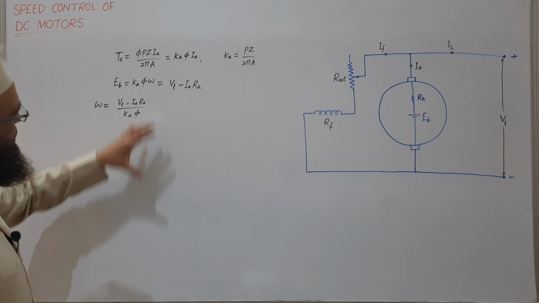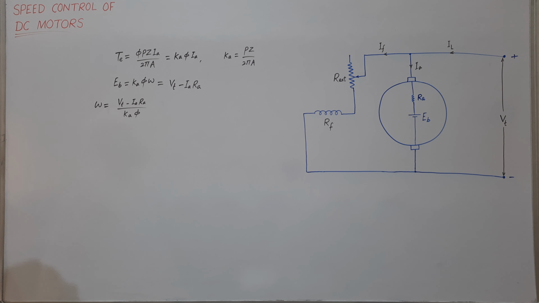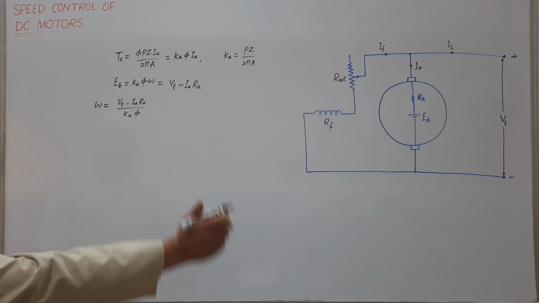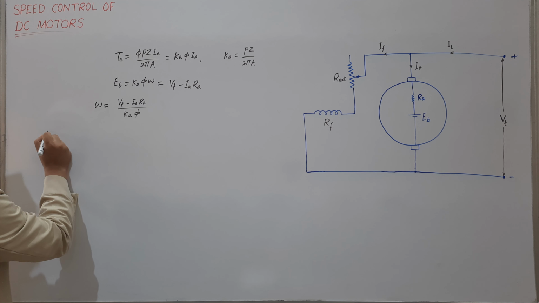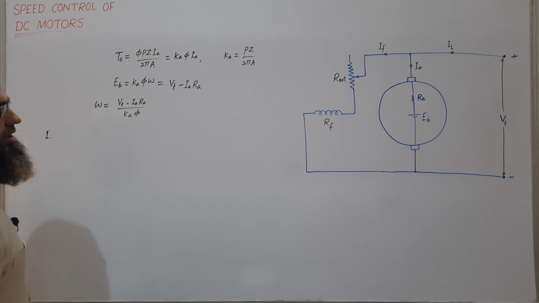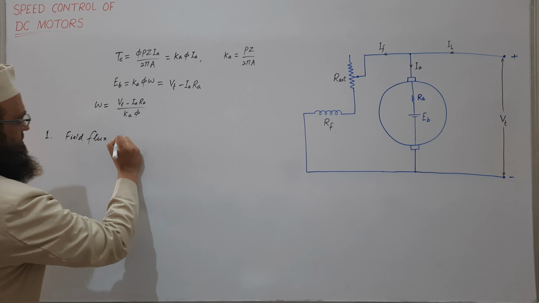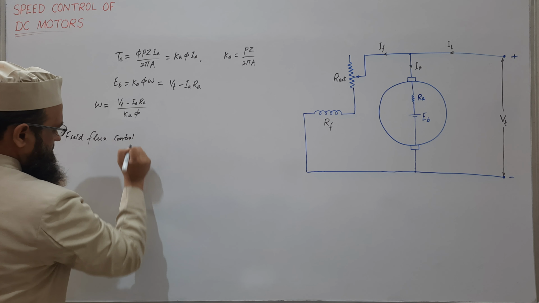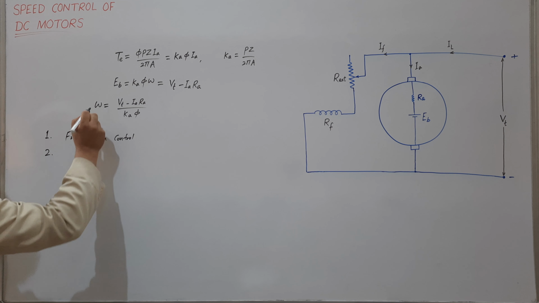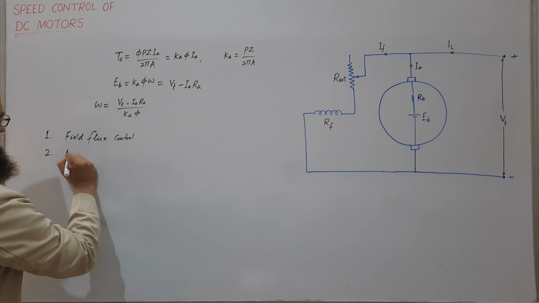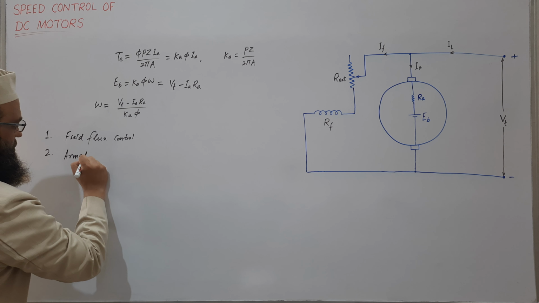So based on the control of these three parameters, three types of speed control are there. By controlling phi, field flux control. Similarly, by controlling armature terminal voltage, known as armature voltage control.